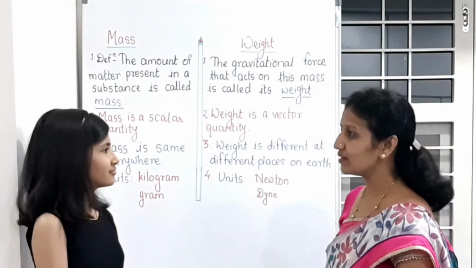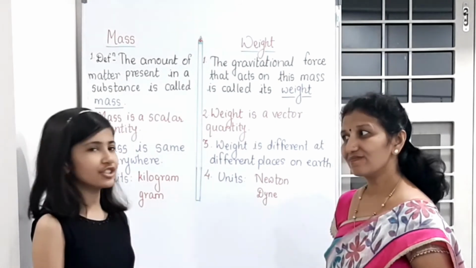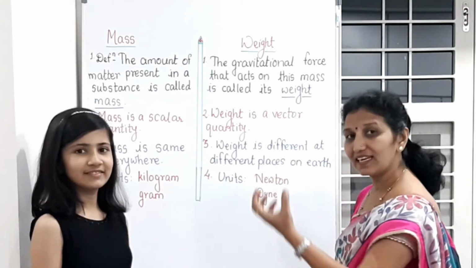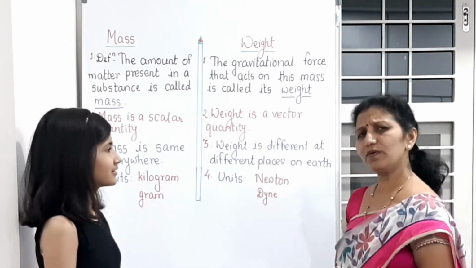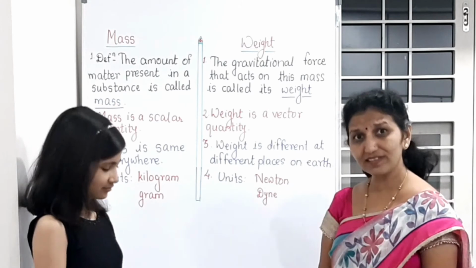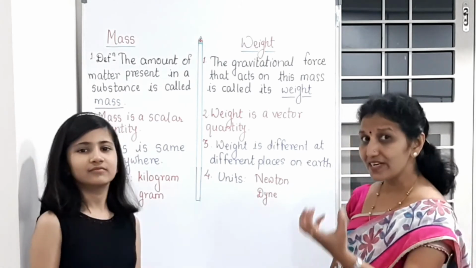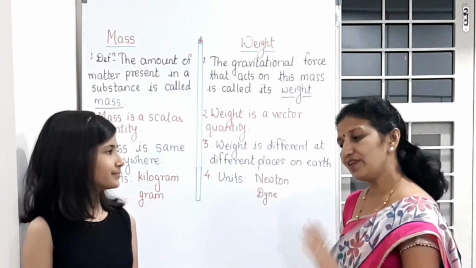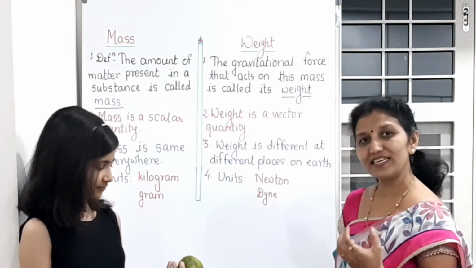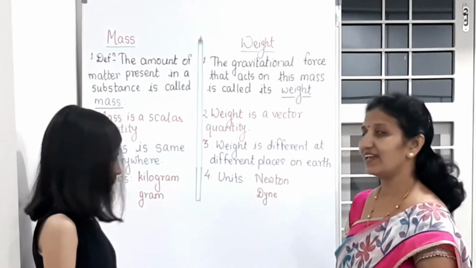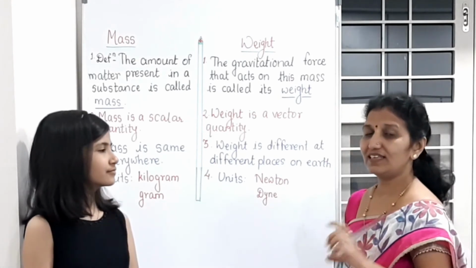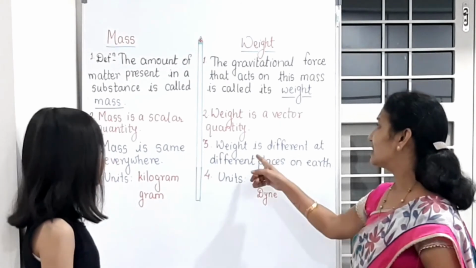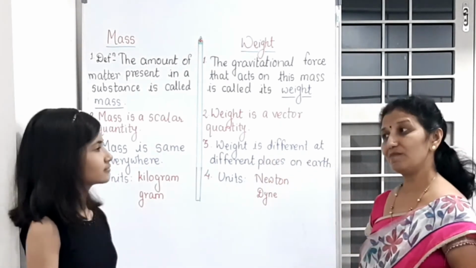Why does this happen? This is because of gravitational force. Yes, the gravitational force is acting on every object. That's why we are standing on the earth, because the gravitational force is attracting us, and every object is attracted towards the center of the earth, and that's why these objects come downwards.